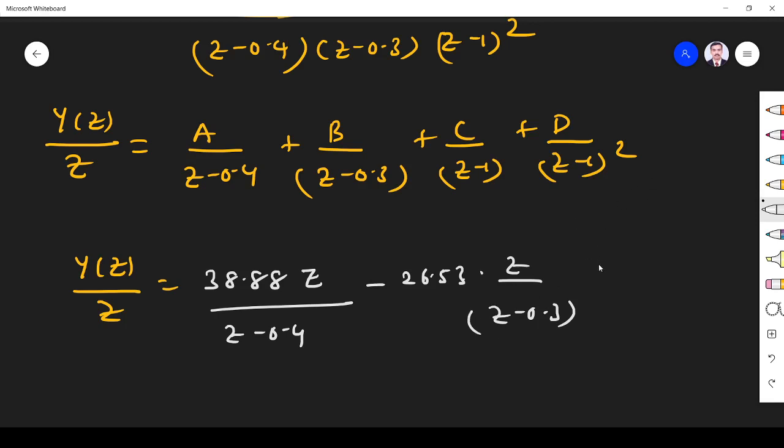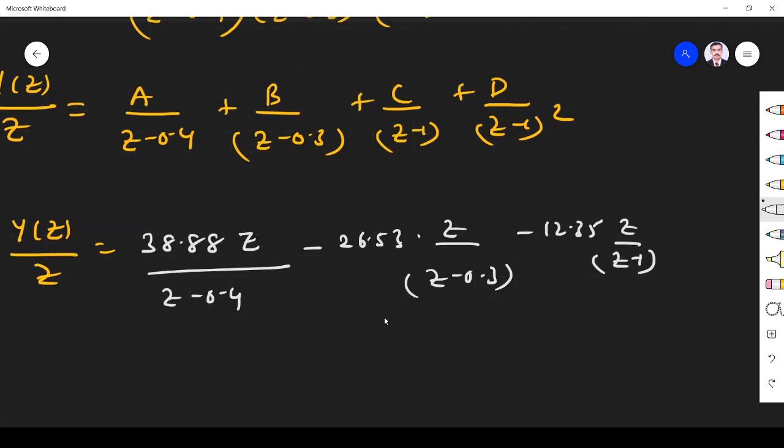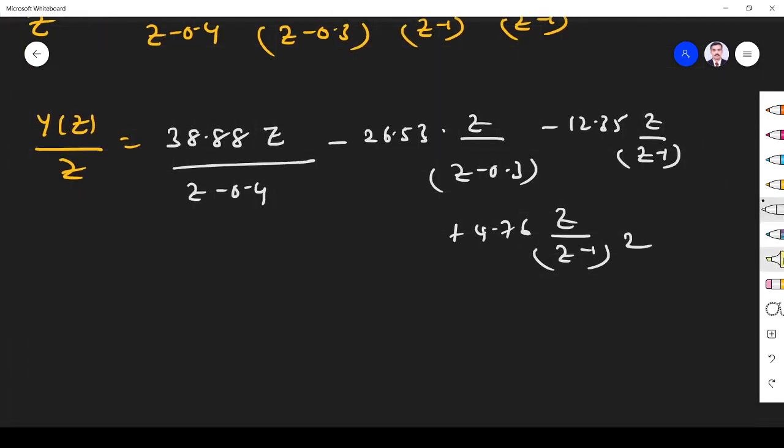C is minus 12.35 divided by (z minus 1), because I brought this z to the right hand side. Plus D is 4.76 z by (z minus 1) whole square. Now we got Y of z.